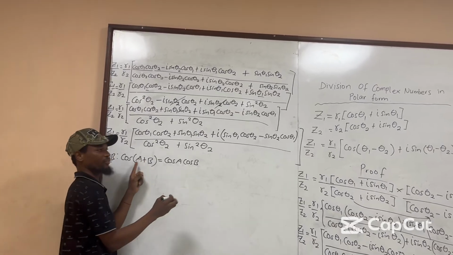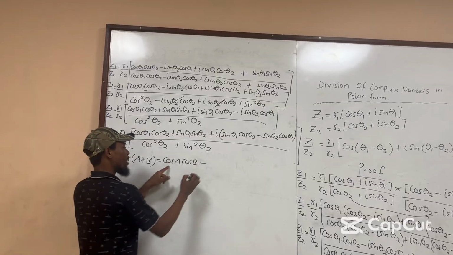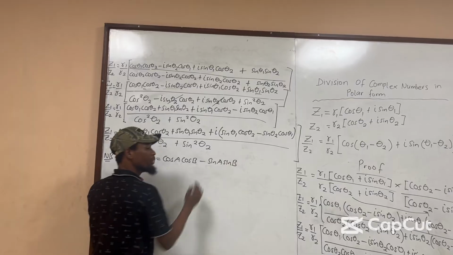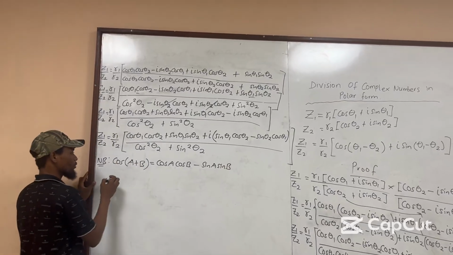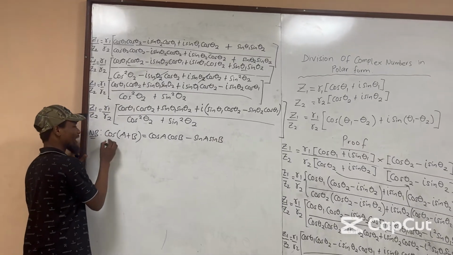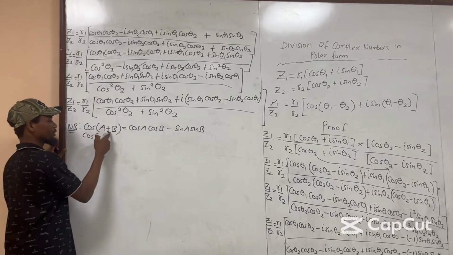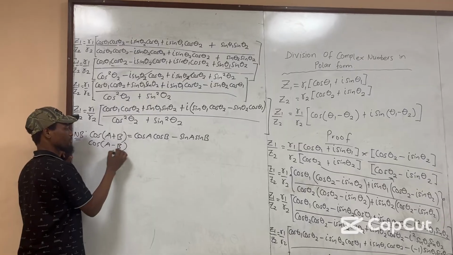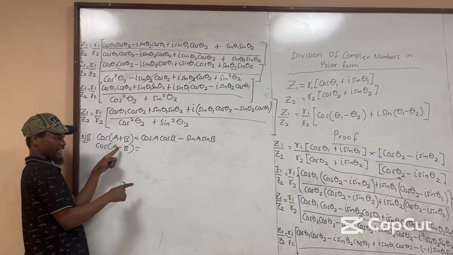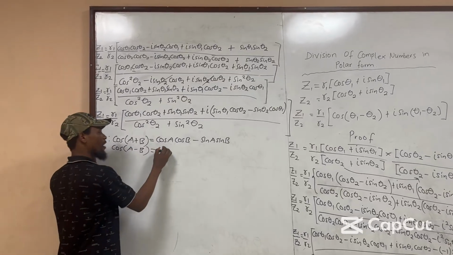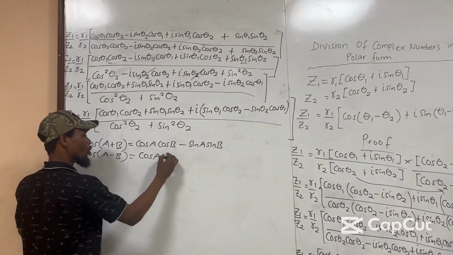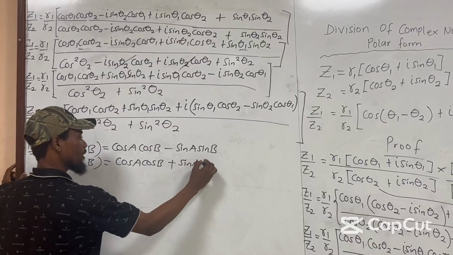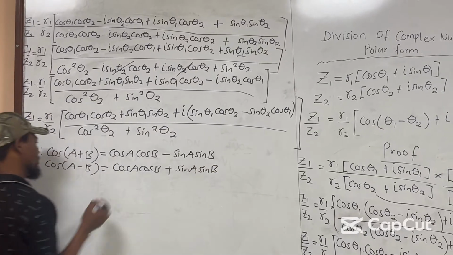So if this is positive, then this goes with negative, then we have sin A sin B. If that is so, then I can say that cos of A minus B is the same as, then negative goes with positive, I have cos A cos B plus sin A sin B.